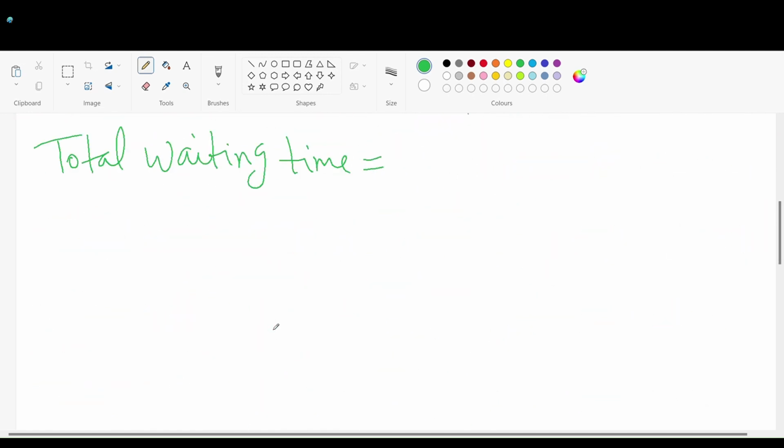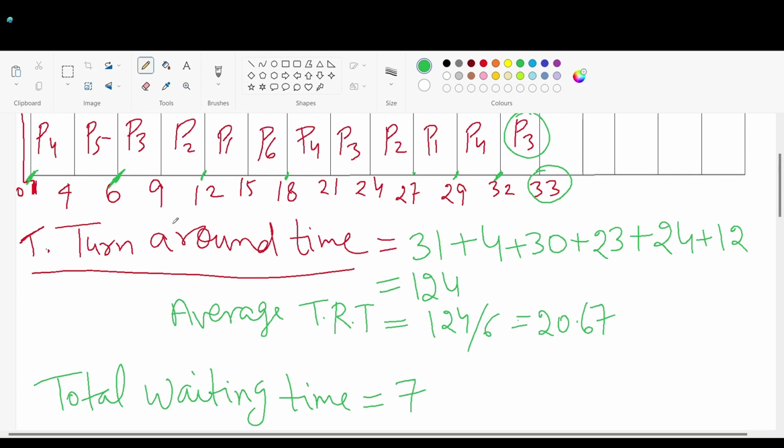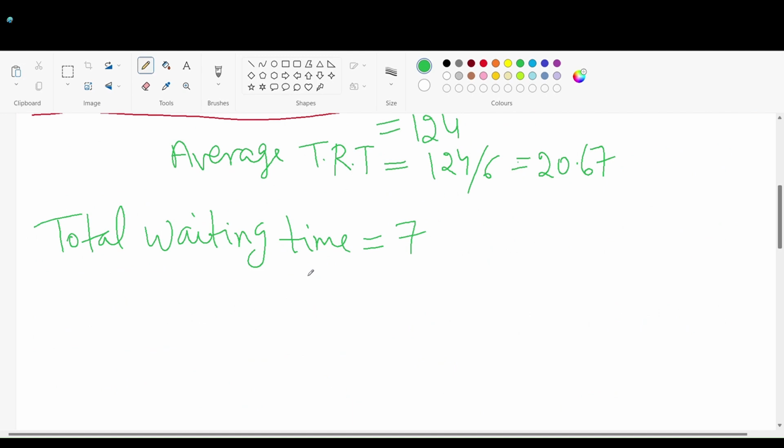So P1 waiting time is 7, right? But P1 doesn't complete its execution yet. P1 will start again at 27, right? So from 15 to 27, this is also the waiting time of P1, right? So what is the waiting time here? 27 minus 15 is 12. So 7 plus 12, this is the waiting time of P1, right?